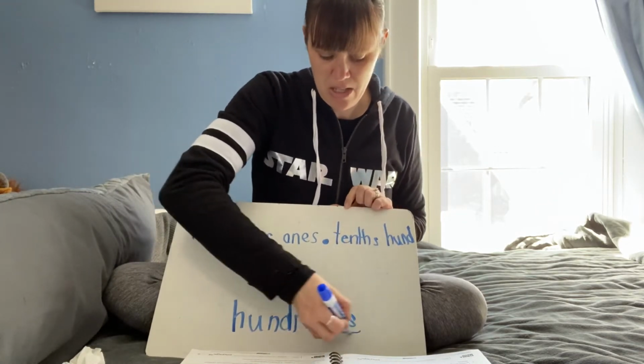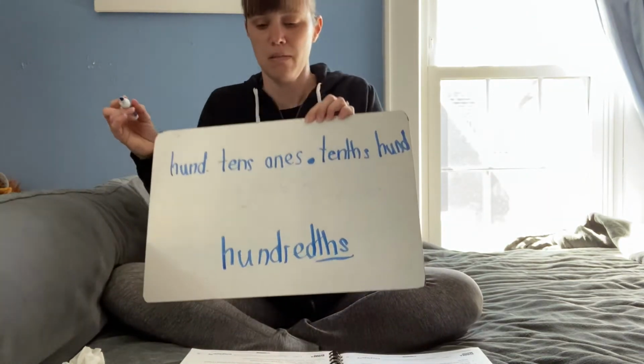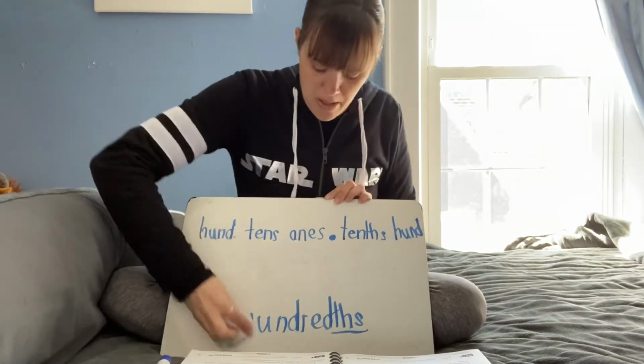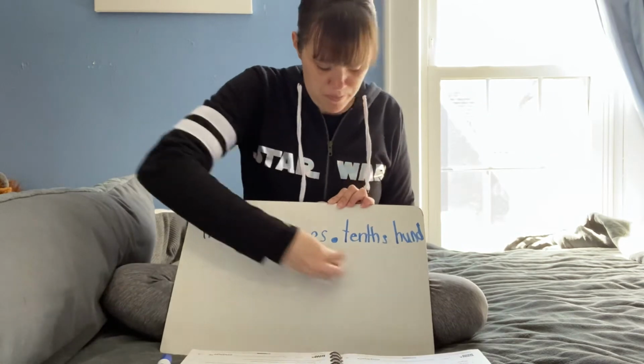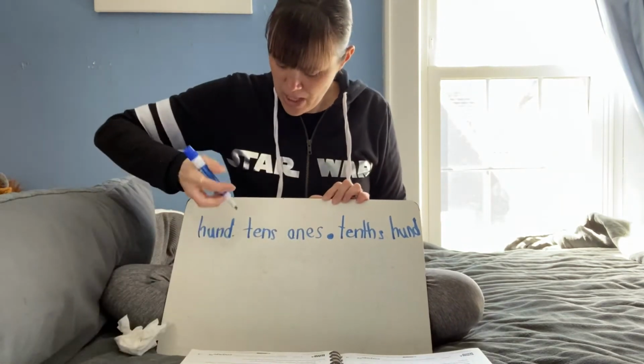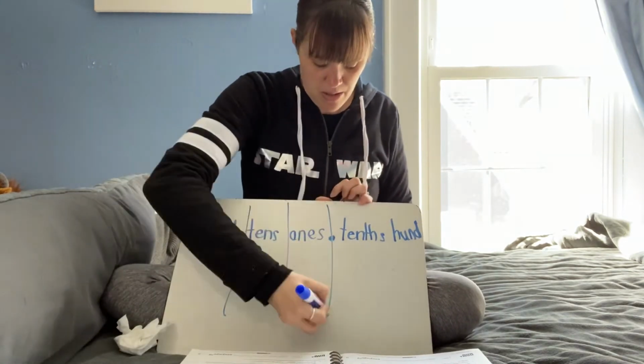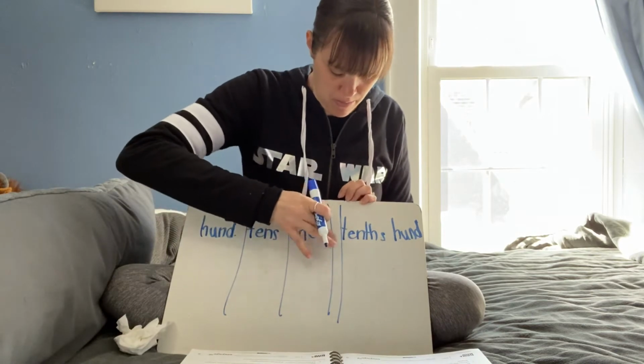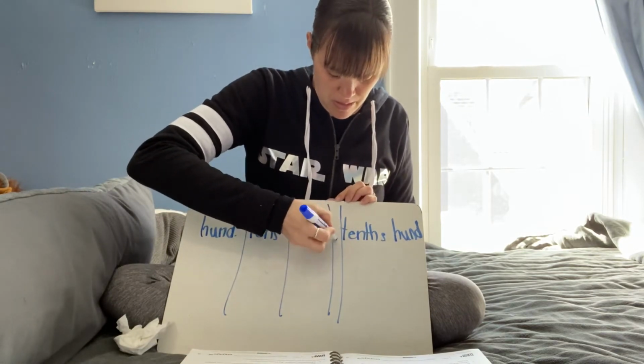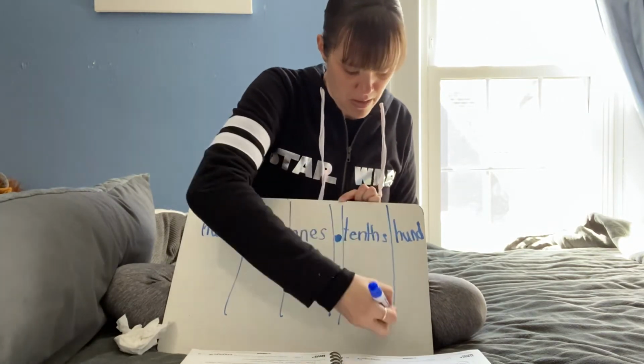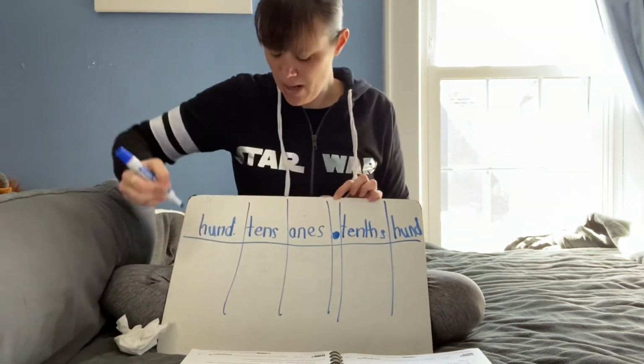It has that THS at the end. All right, so if we're looking at this place value chart here, this is how I would set it up.